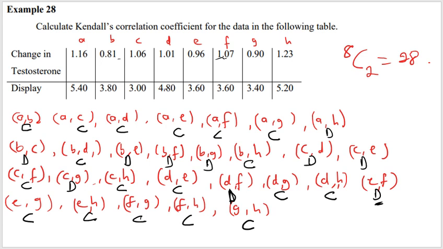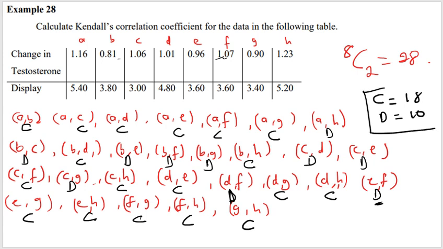After checking the concordance and the discordance, we have to count the number of concordances. So we count all the C's and we realize that C is going to be equal to 18. Then the discordance would be 10.